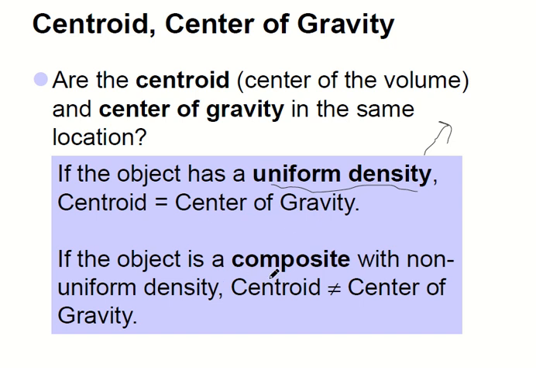If your object is a composite with non-uniform density, your density is messed up. At that time, your centroid, that's your center of the volume, and the center of gravity are not the same. The only time the center of the volume and the center of gravity are the same in location is if your object has a uniform density. Don't forget, we're dealing with the position, the location.